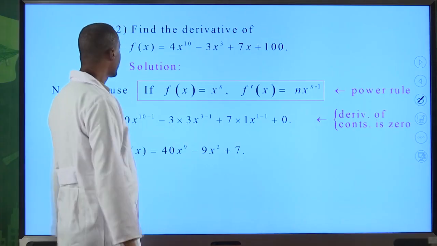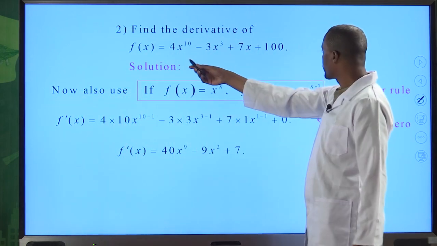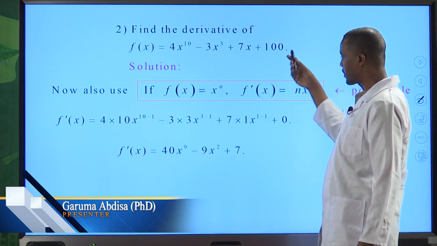Okay, the time is up. Let us solve the problem together. Originally, the problem says find the derivative of f of x is equal to 4x to the power 10 minus 3x cubed plus 7x plus 100.